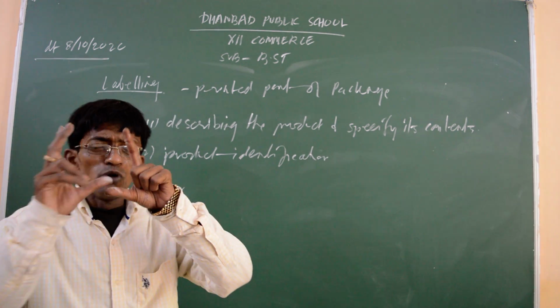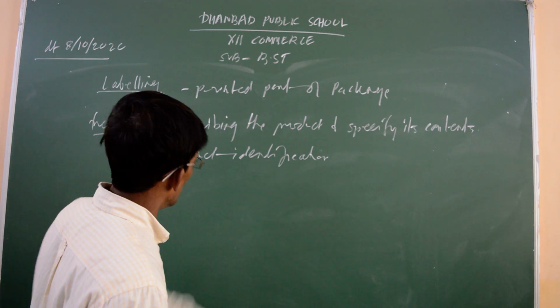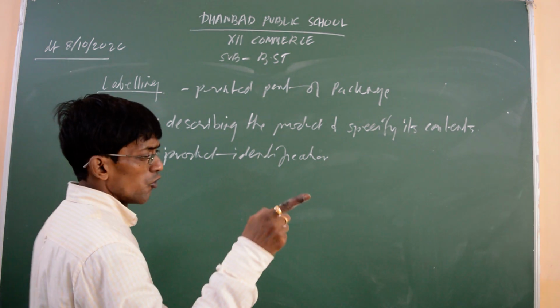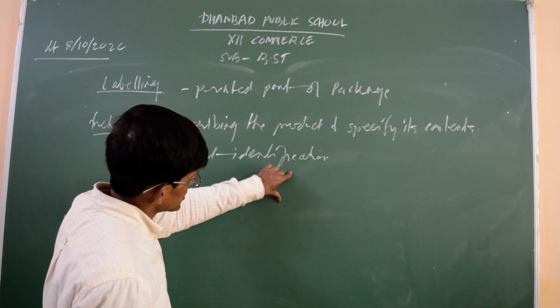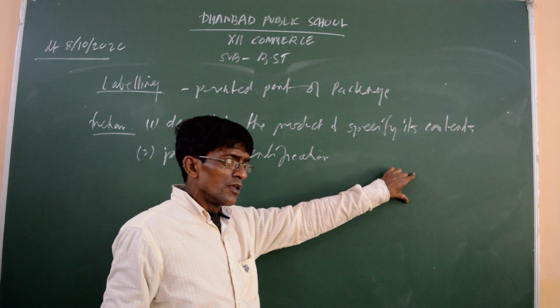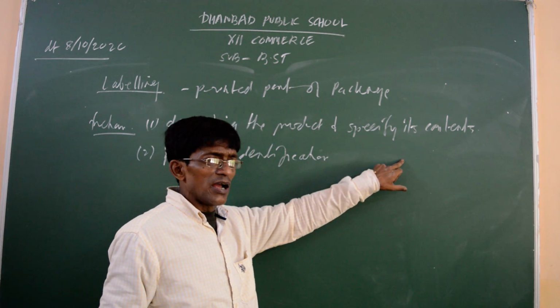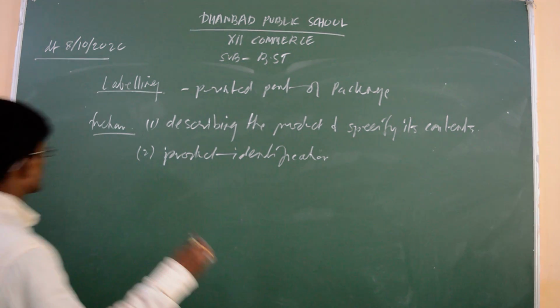So that helps you identify that this is the biscuit of Britannia or this is the biscuit of Parle, and so on. So product identification is helped by labeling. In the written information, the company name is written there. The logo of the company is also provided there. That helps you identify that this is the product of that particular manufacturer.